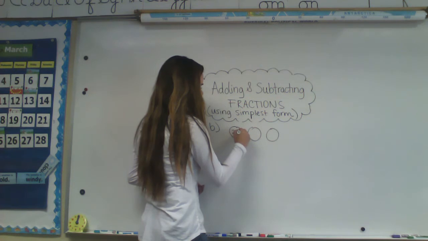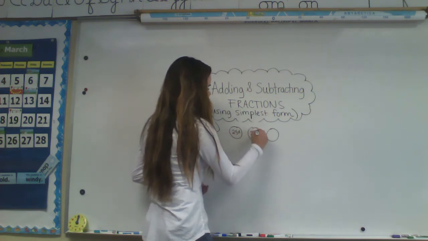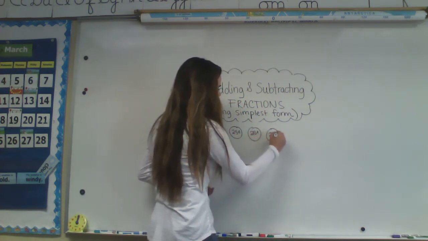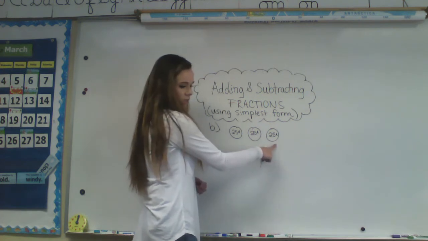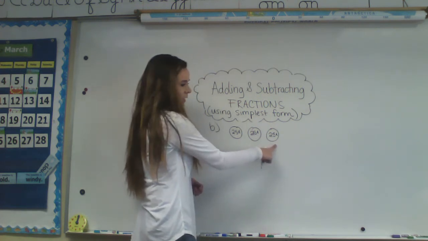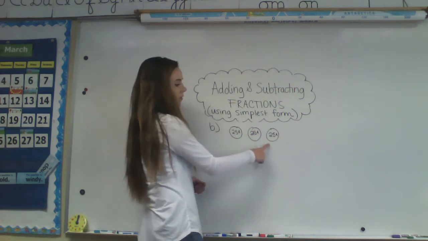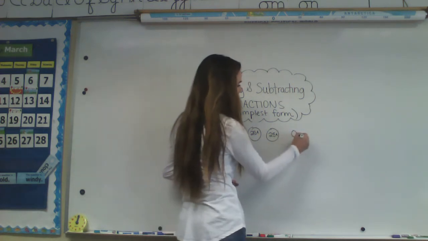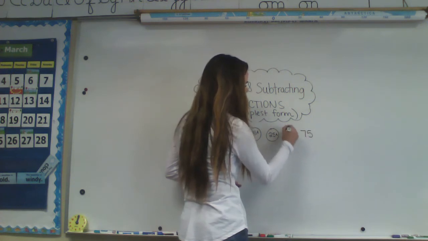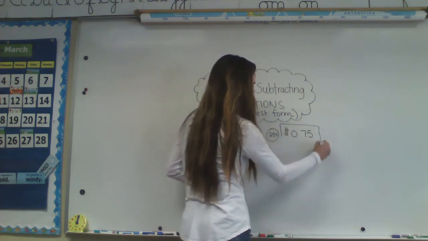So each quarter is worth 25 cents. We know that. So if we wrote the money as shown, 25 cents plus 25 cents plus another 25 cents is 75 cents. So that's what you would write in that second box right there.